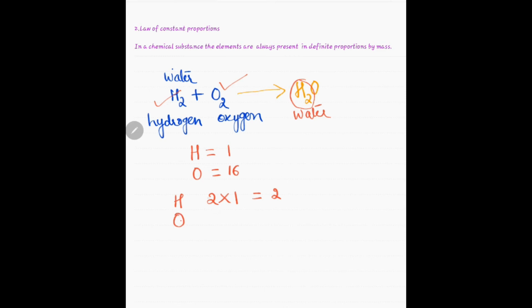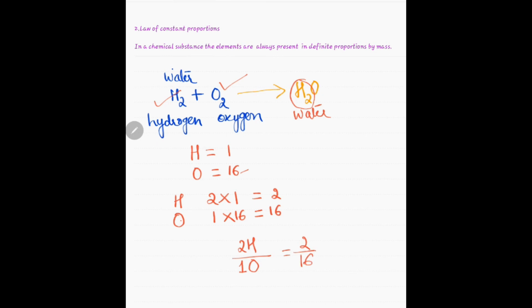Now let us take the mass of oxygen. How many atoms of oxygen are present? 1, into the mass of oxygen, which is 16. So that gives you 16. If you take the ratio of hydrogen to oxygen, you get 2 by 16.